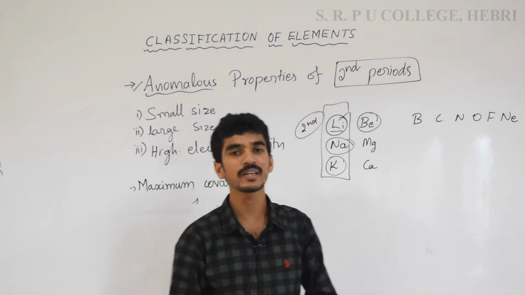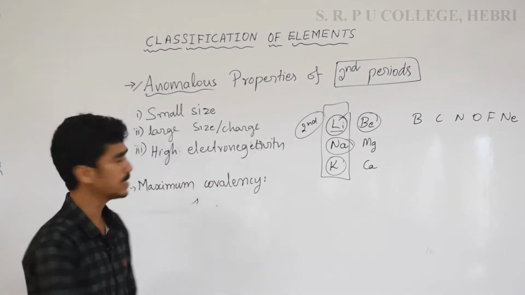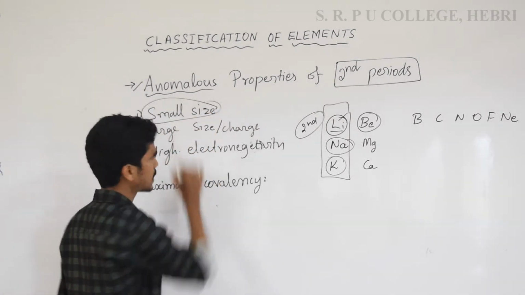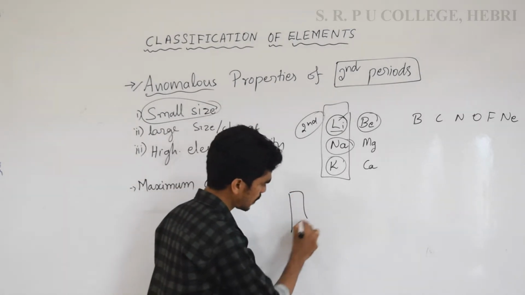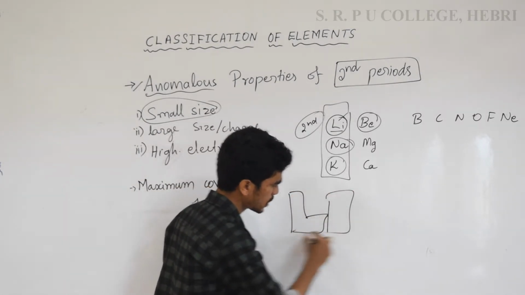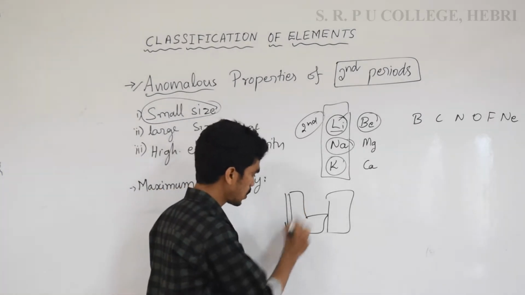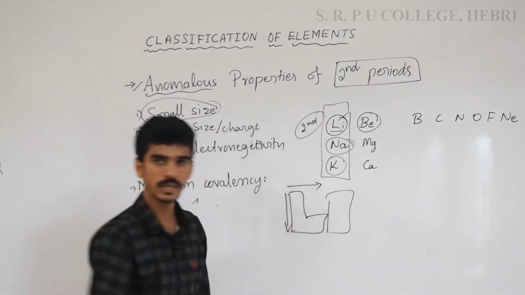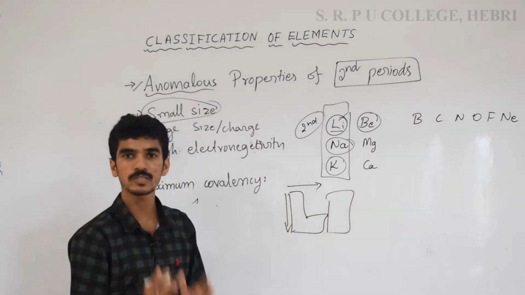Now why do these elements show anomalous properties? There are different reasons. The first thing is small size, smaller in size. In the periodic table, we already studied the trends: down the group size increases, across the period it decreases. So one thing is sure, the topmost elements should be smaller in size.